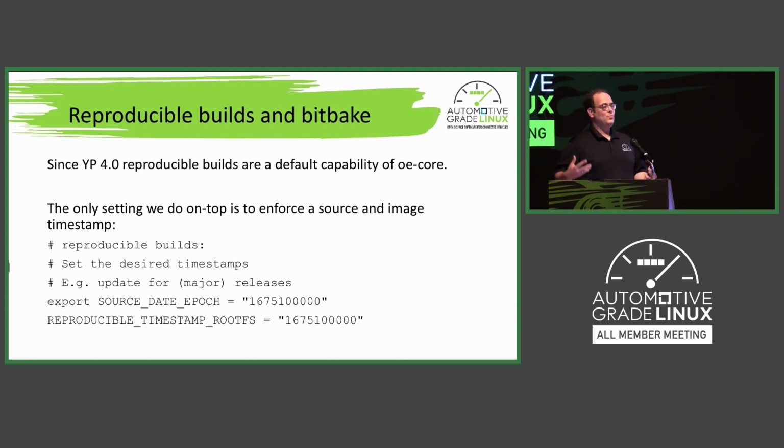So we can make use of it. It is actually on by default. We do just two settings on top to make also our images reproducible. We set these two, one affects the sources. We set all sources to this timestamp, and we set the root FS to this timestamp.